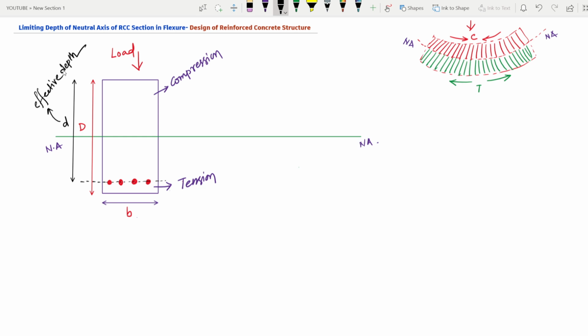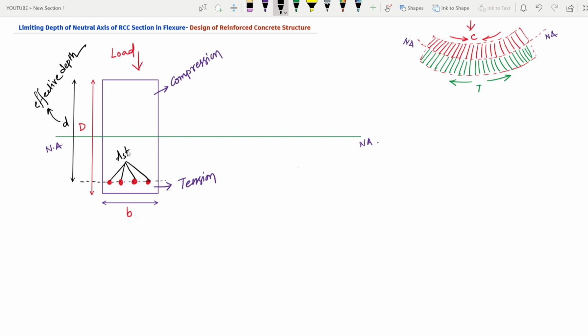Fine. Now if we draw the strain diagram of this section, the fibers in this zone are under compression and this zone is under tension, which is taken by the steel itself. These are the area of the steel that we are providing, which is nothing but Ast, the area of steel under tension.